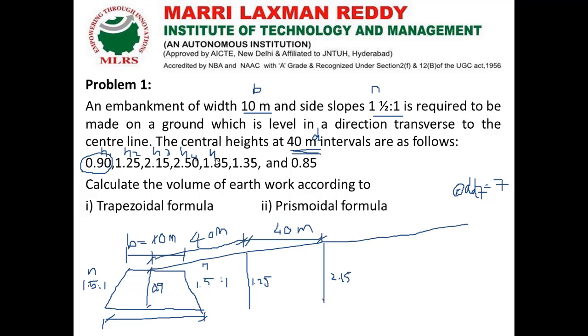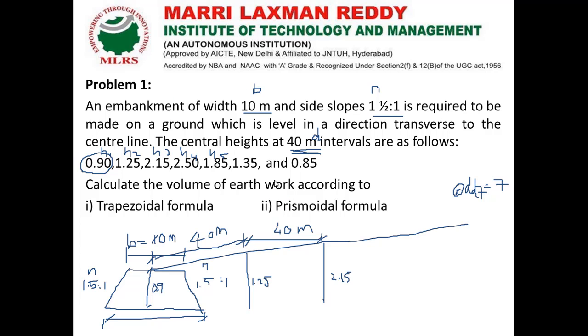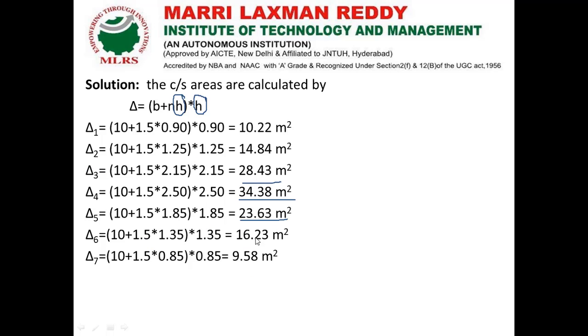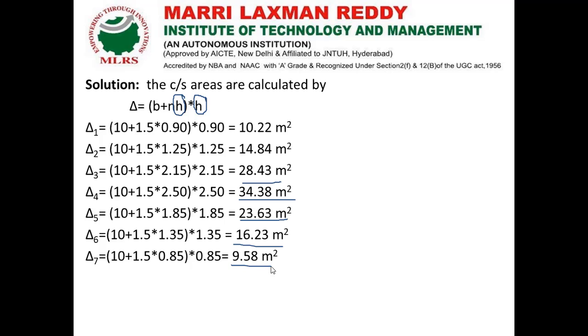With respect to H5, the area is 23.63. With respect to H6, the area is 16.23. With respect to H7, the area is 9.58, by using the formula of (B plus NH) into H.